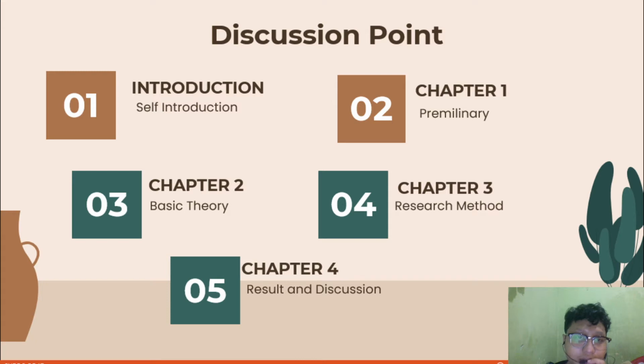The third, chapter 2, contains the basic theory that I will use to complete my final project to get my degree. The last, chapter 3, contains the method or steps I will take to get the project done, and chapter 4, result and discussion.